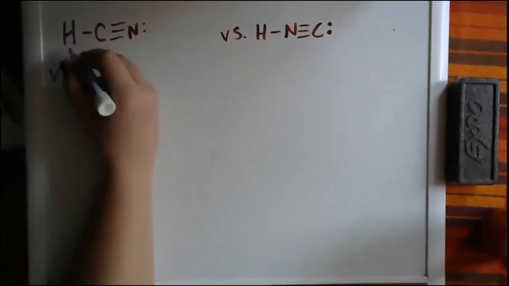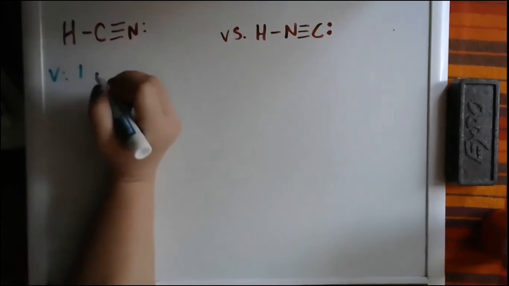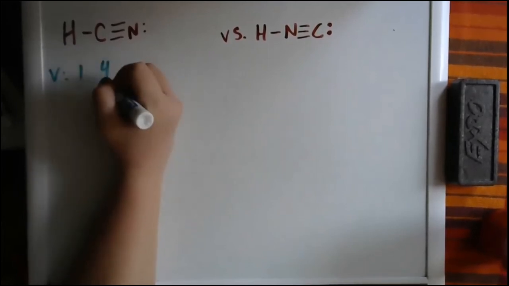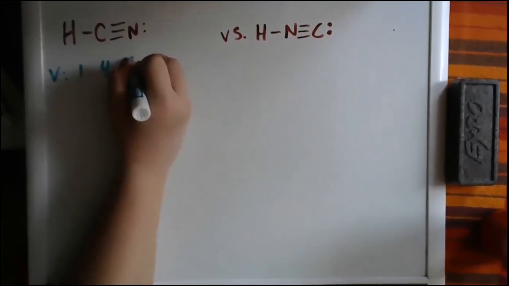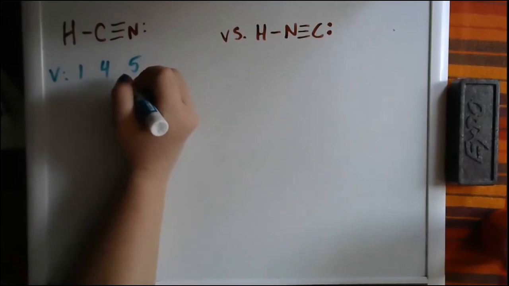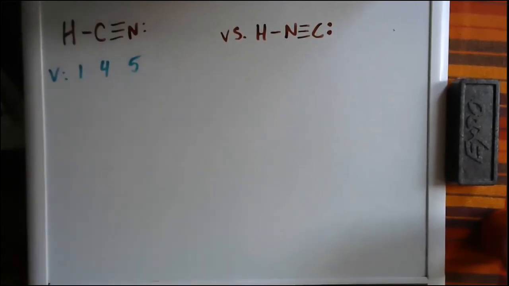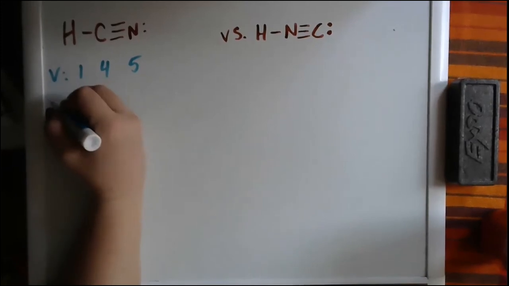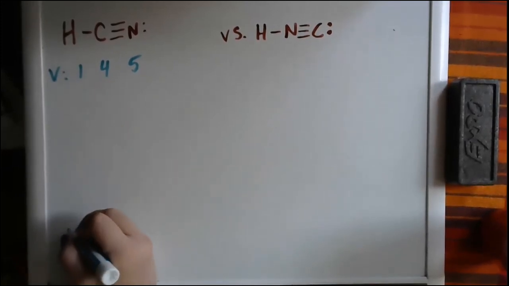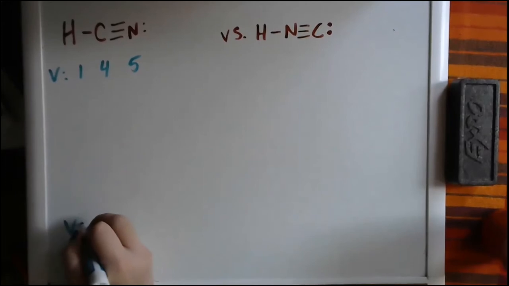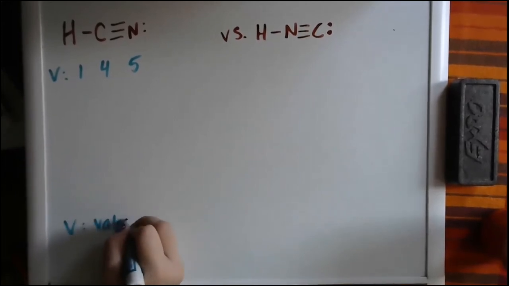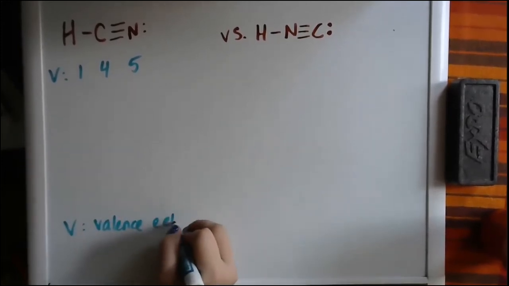So the valence electrons for hydrogen is 1. For carbon, the valence is 4. For nitrogen, the valence is 5. Okay. Now we're going to write underneath that, let's make a little key down here of what these letters mean. So V, that will be our valence electrons.